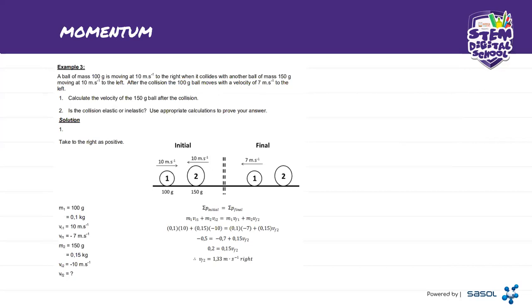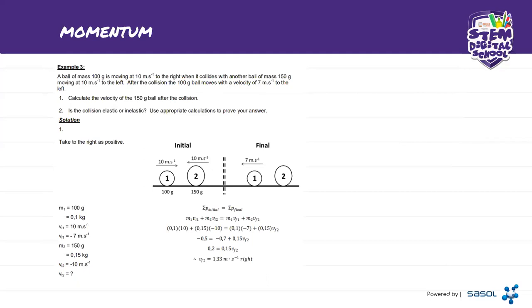So now we come to a collision example. It says a ball of mass 100 gram is moving at 10 meters per second to the right when it collides with another ball of mass 150 gram moving at 10 meters per second to the left.